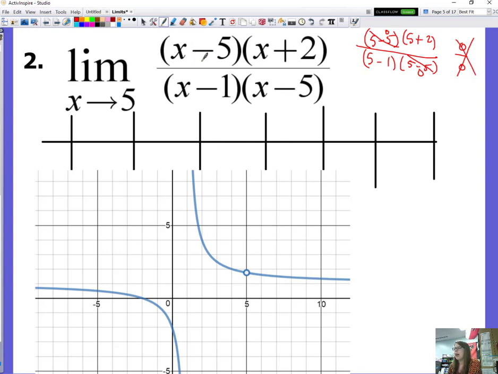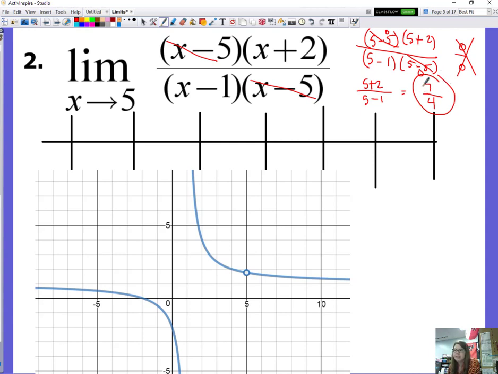So then I have x minus 5 and x minus 5, and you're like, oh yeah, those things divide out, like when we were talking about rational functions a long time ago. So x minus 5 divides out with x minus 5. So now, if I plug that value in, I have 5 plus 2 over 5 minus 1, which gives me 7 over 4. So the limit here should be 7 over 4.